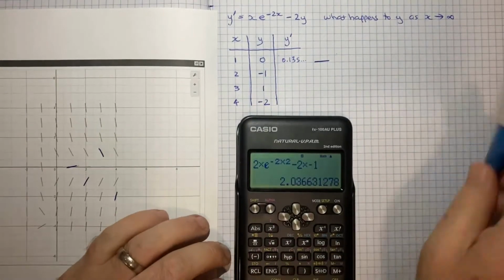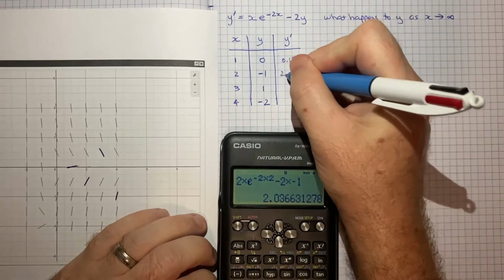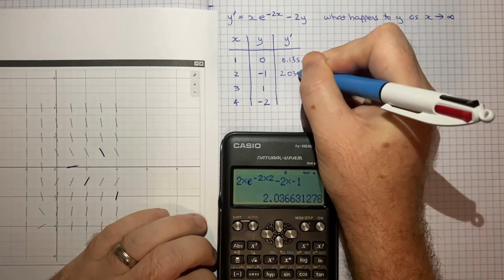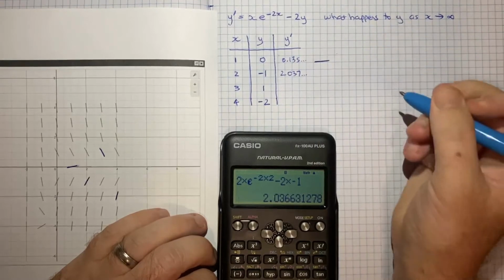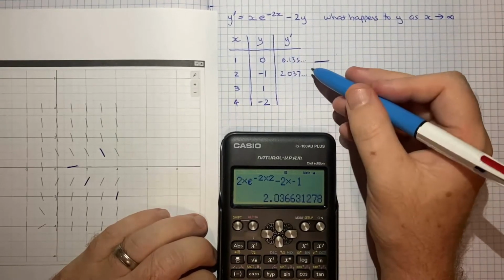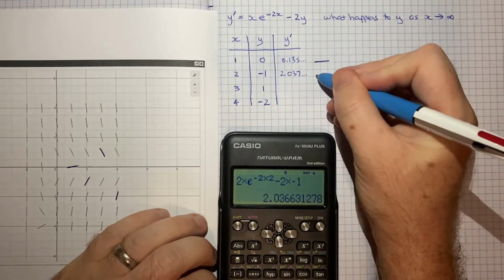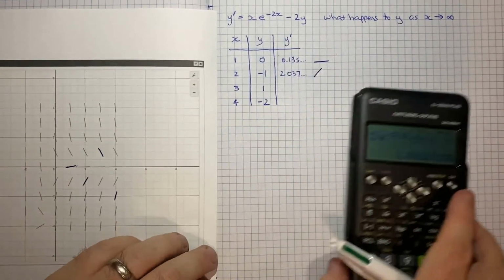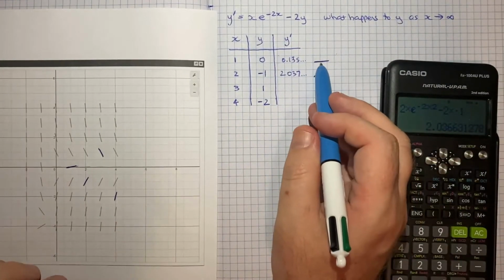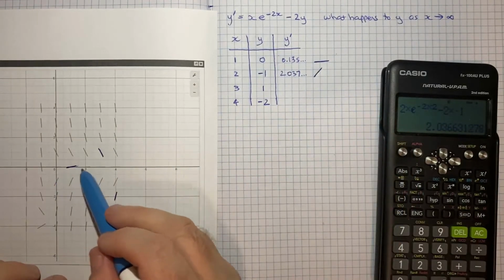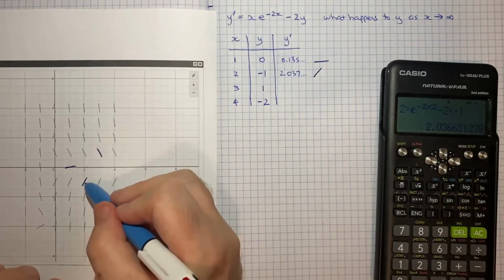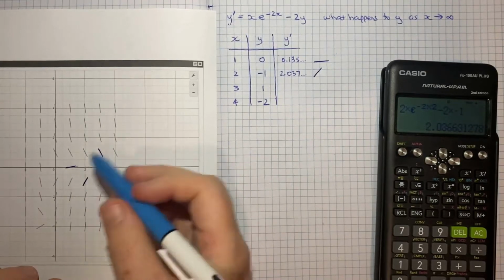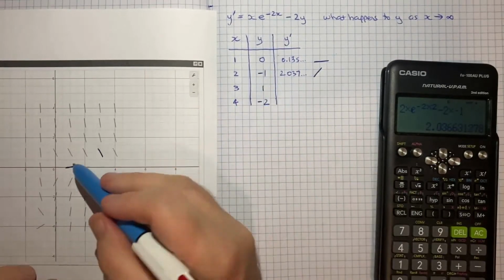So the result there would be 2.037, which is positive and quite a bit steeper. So we should expect to see a kind of positively sloped line that's much steeper than this first one. And at 2, negative 1, that is what we see. It's a positively sloped line and steeper than what we had over here.